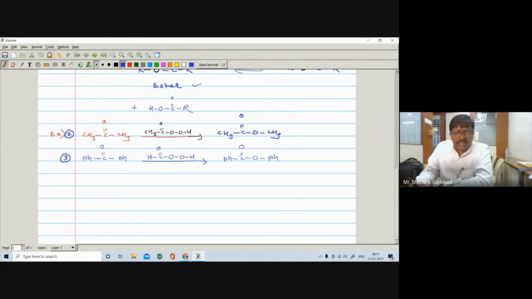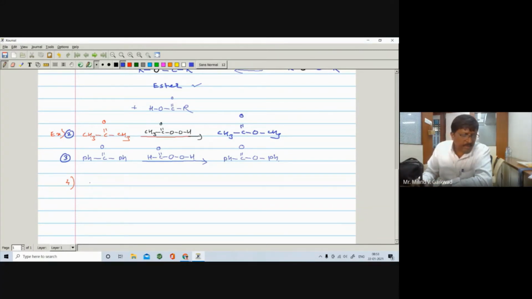Now for the next example, suppose you have this type of example, a cyclic compound, or we take the same compound but with different groups.